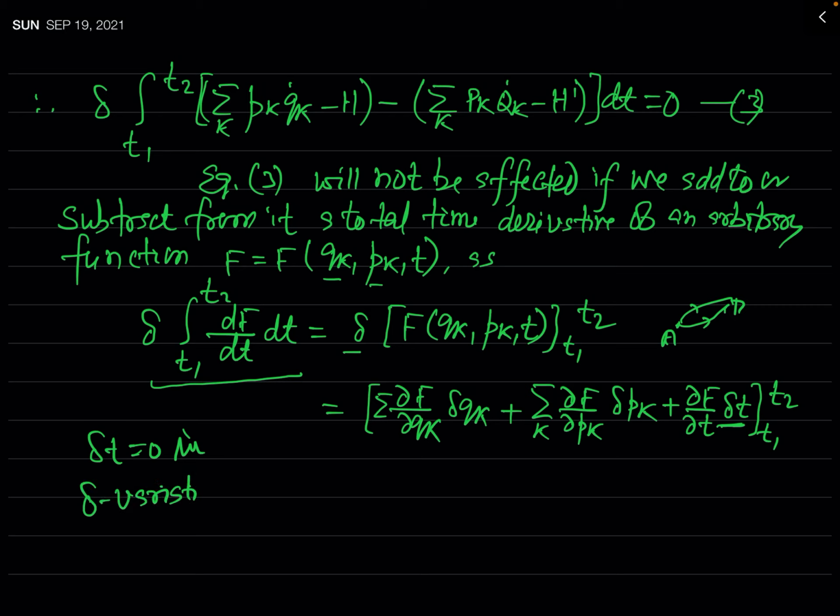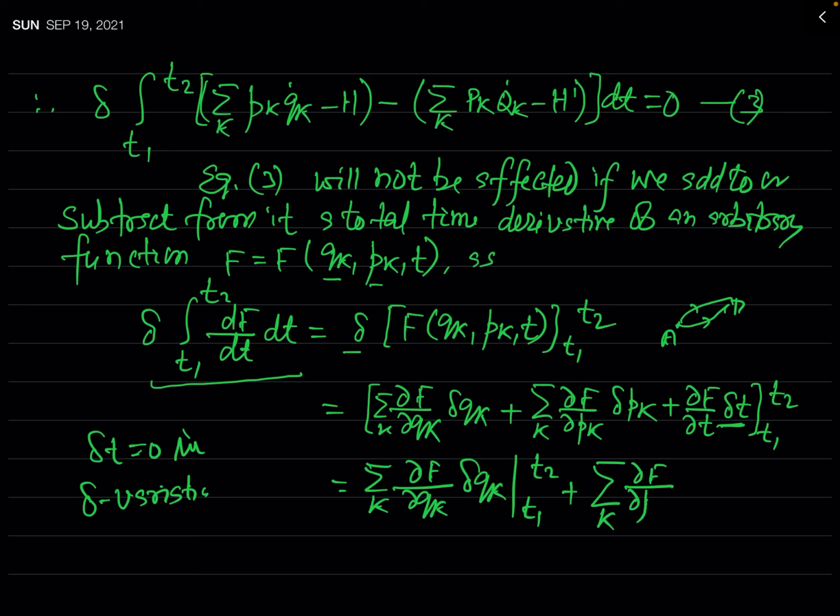So the last term will vanish, and you get summation over k del f by del qk delta qk plus summation over k del f by del pk delta pk, with limits t1 and t2.